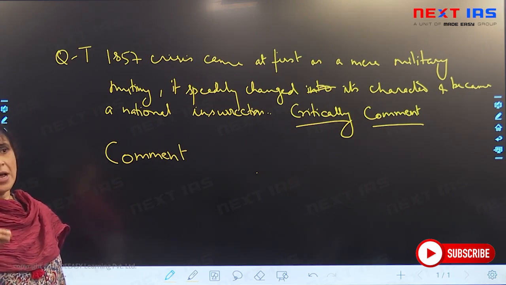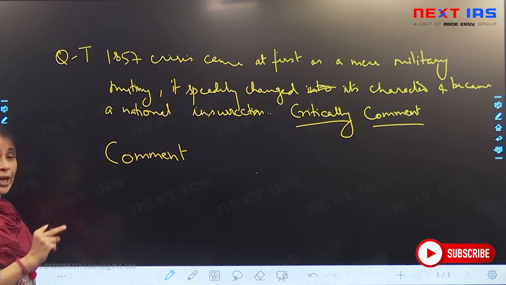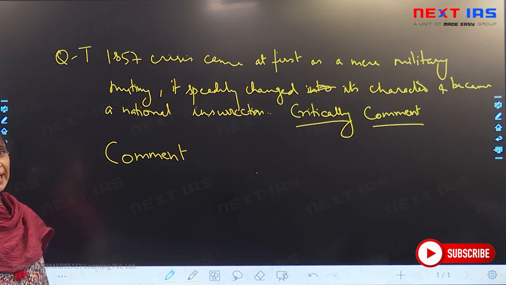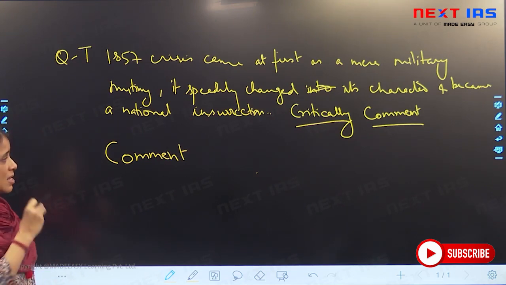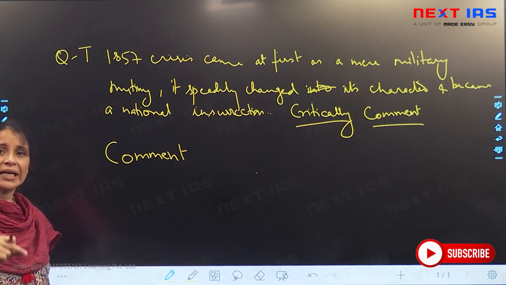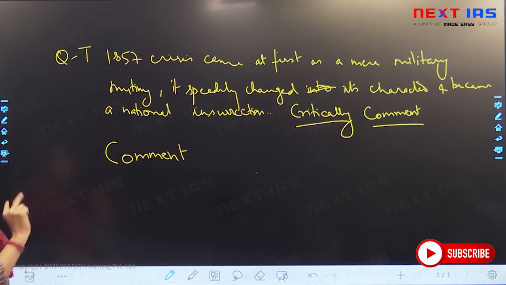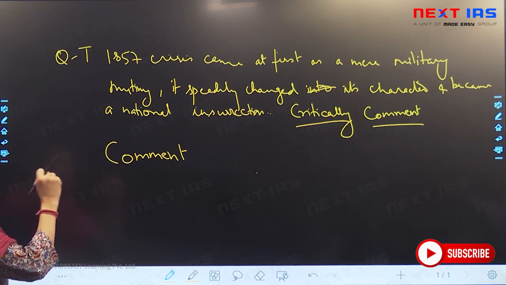So you have to give the logic. When it is comment, they are looking for your logical reasoning behind your comment. ऐसा नहीं है कि बस कुछ भी कमेंट में लिखना है. If you are saying yes, तो why yes, and what is the logic behind your yes. So you have to give the rationale of your logic here. So that is your comment.